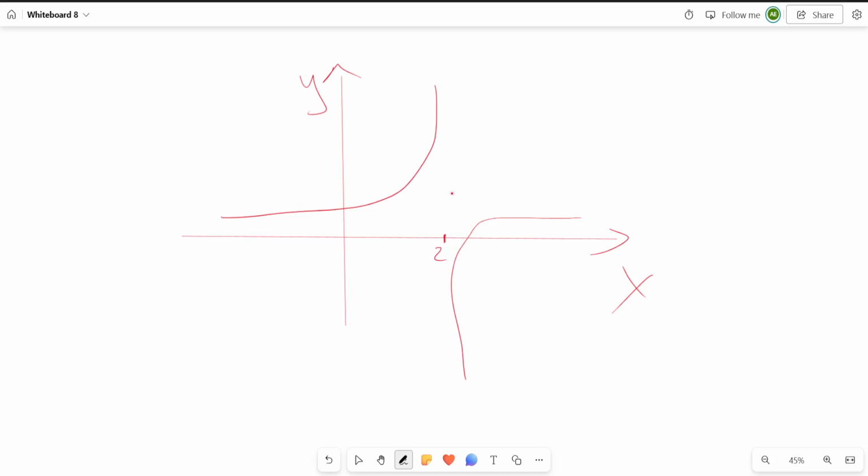Let's say this is x equal 2, where if I drew this dashed line over here, I can find that my curve is always approaching that line, coming very close to it, however never touching it. Okay, as well as from the other side, the curve is going to keep on going very close to this line, however it will never touch this line or cross it. This line is called an asymptote, and since it's vertical, it's called a vertical asymptote.